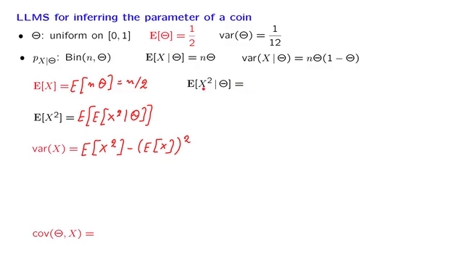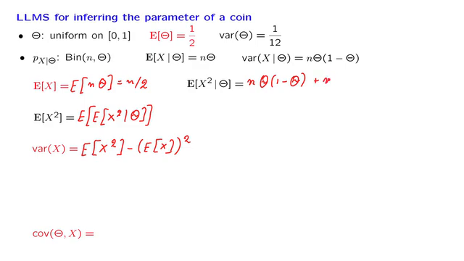The expected value of a square of a random variable is always equal to the variance of that random variable plus the square of the expected value. We're going to use this property, but we're going to use it in the conditional universe. So in the conditional universe, this is going to be equal to the variance in the conditional universe, which is n times theta times 1 minus theta, plus the square of the expected value of x, but the expected value in the conditional universe, which is this quantity, n times theta.